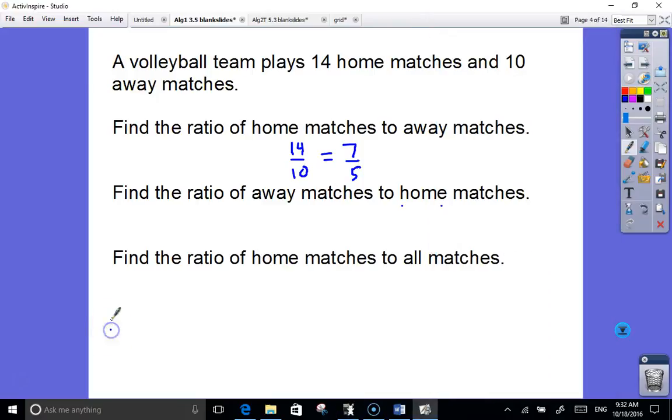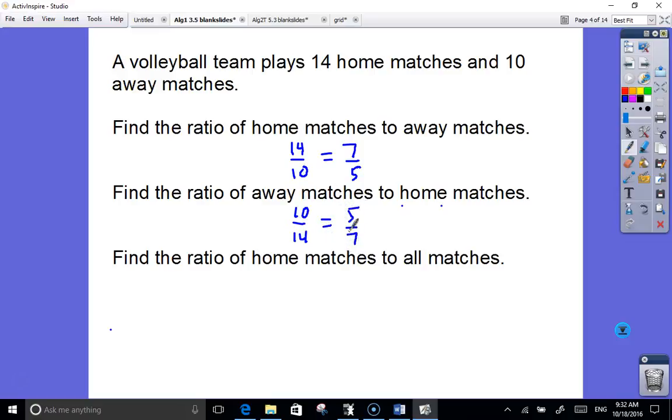Okay, find the ratio of away matches to home matches. How's that different than what we just answered? We flipped it. Now we're going away matches to home, so we put the 10 in the numerator and the 14 in the denominator, which gives us 5/7.